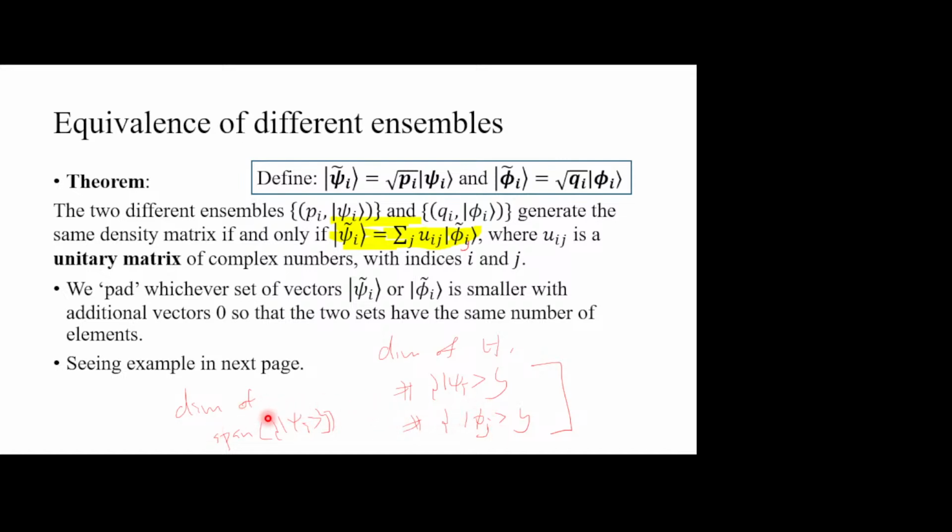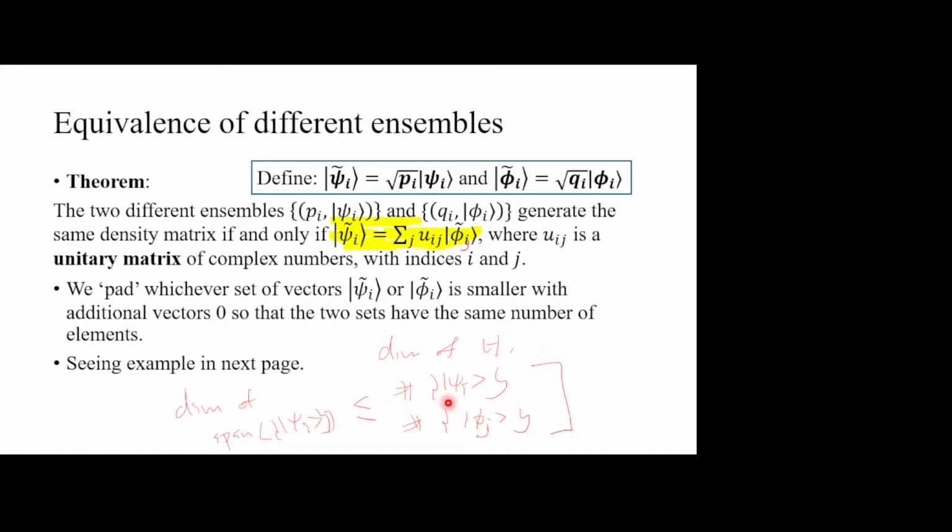But anyway, this dimension can be different from the dimension of the Hilbert space, because your psi can all be restricted to some subspace of H, your total Hilbert space. So this dimension can be smaller, but something we know is that the dimension of the span here is smaller than or equal to the number of vectors here.